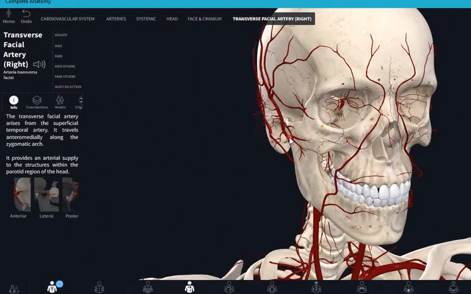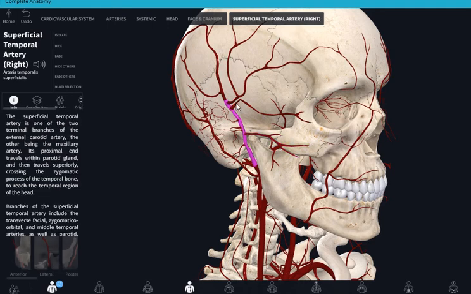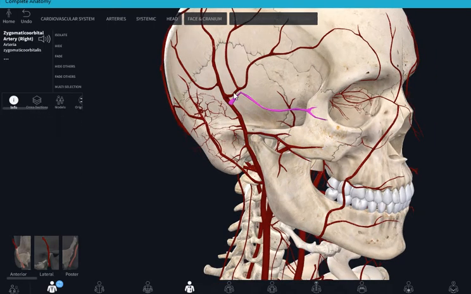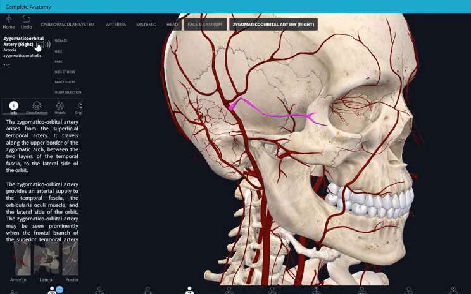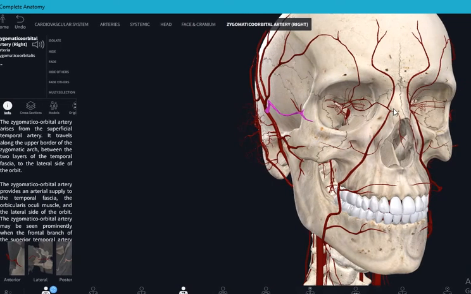So we have this other artery, the transverse facial artery, which is going to supply the eye and the face. Now again, the superficial temporal artery is going to give another anterior branch. This anterior branch is the zygomatico-orbital artery. So it's also an anterior branch to the face.